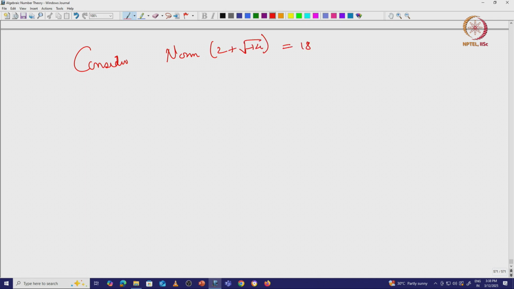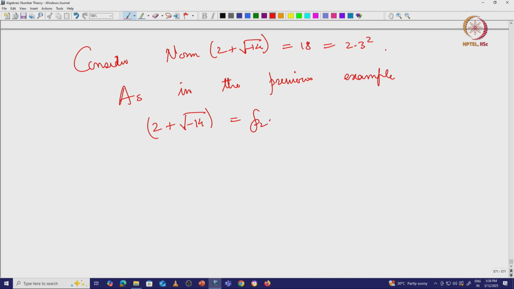This is again 18, which is 2 times 3 squared, and so as in the previous example, the ideal generated by 2 plus square root of minus 14 is P_2 times P_3 squared. So P_3 squared is the same as the class of P_2 inverse, which is the same as the class of P_2, and I now know that P_2 is not principal.